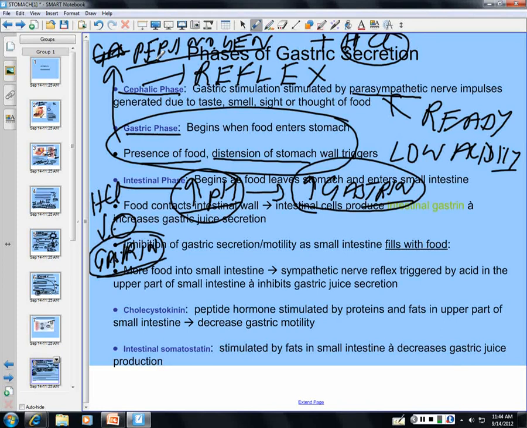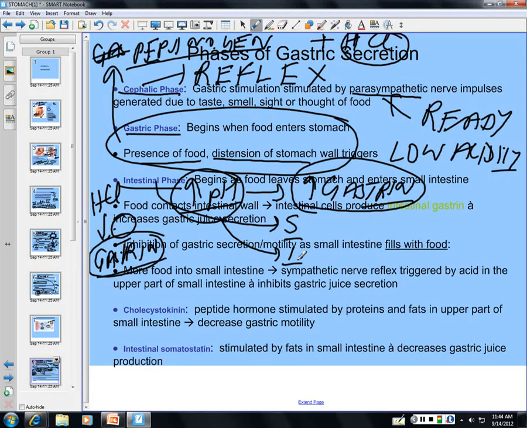Okay? The next phase is the intestinal phase, which begins as food leaves the stomach and enters the small intestine, and has two phases. One is the stimulatory phase, and one is the inhibitory phase. The stimulatory or excitatory phase starts when food first enters and contacts the duodenum of the initial intestinal walls.